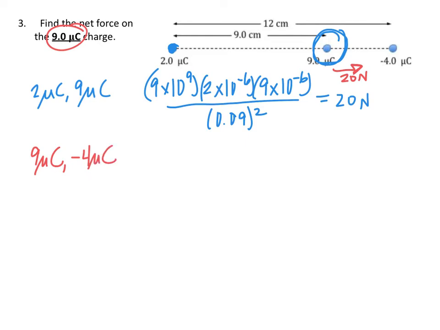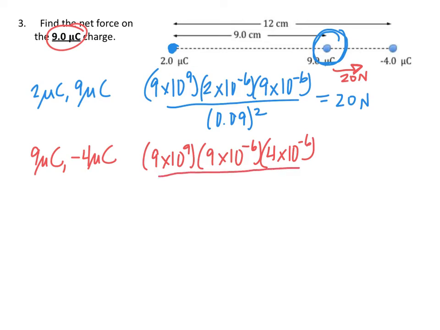All right, so in this case, again, setting up Coulomb's law, constant, 9 times 10 to the 9th, 9 times 10 to the negative 6 to change it into microcoulombs, and then 4 times 10 to the negative 6. Again, notice I'm not putting in the negative sign for the 4 because I'm just focusing on how big the force is.